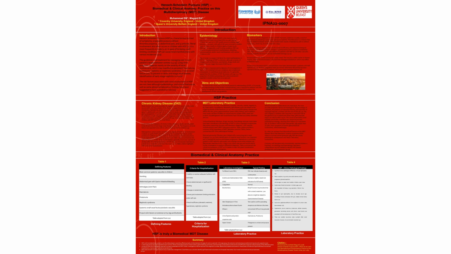Table 3 is the remit around the laboratory investigation, the types of laboratory investigation, and the typical finding. So full blood count, for example, may indicate anemia and leukocytosis. There's an investigation called the erythrocyte sedimentation rate, which is normally normal or slightly raised.